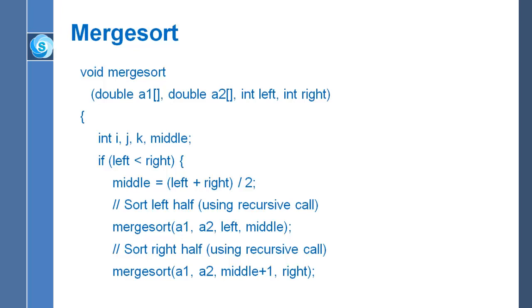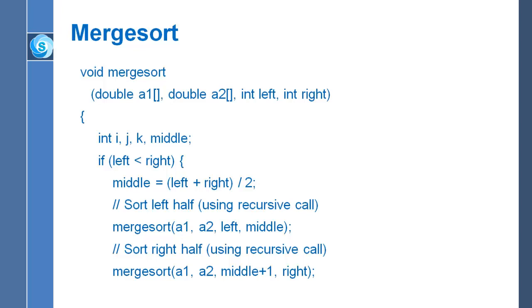But assuming that left is less than right, we proceed as follows. We compute middle to be the average of left and right. Okay? It's going to effectively chop our subarray into 2 halves. The first half consists of everything from position left to position middle.